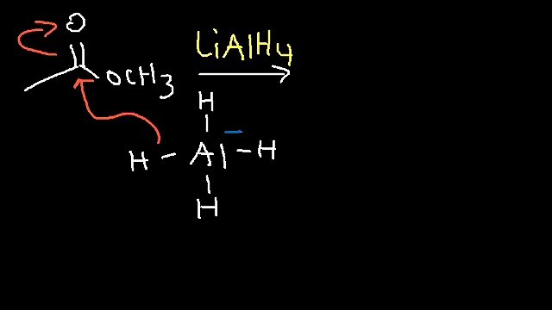Now for aldehydes and ketones, we were able to add one R group, be it a methyl group from methyl magnesium bromide, or a hydride group from NaBH4. But with esters and acid chlorides, you can add 2 R groups.